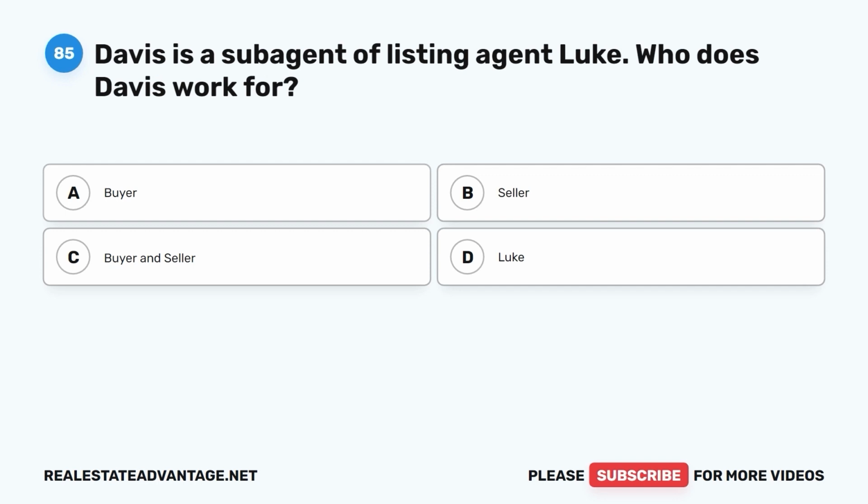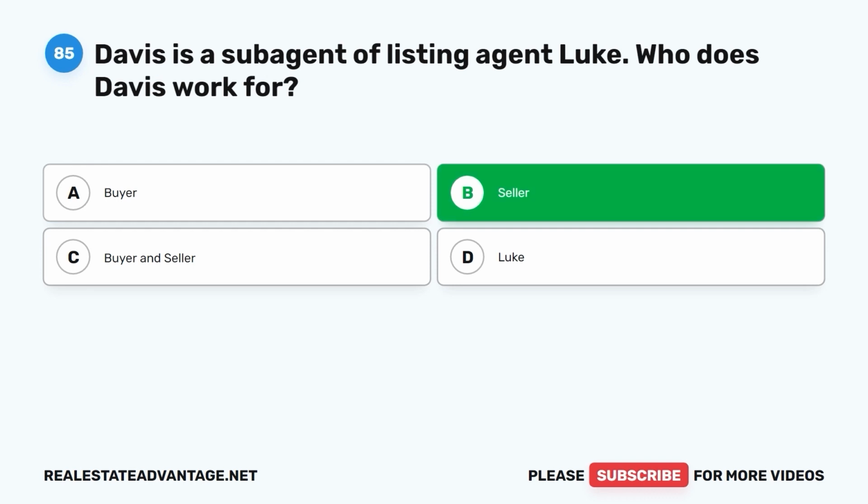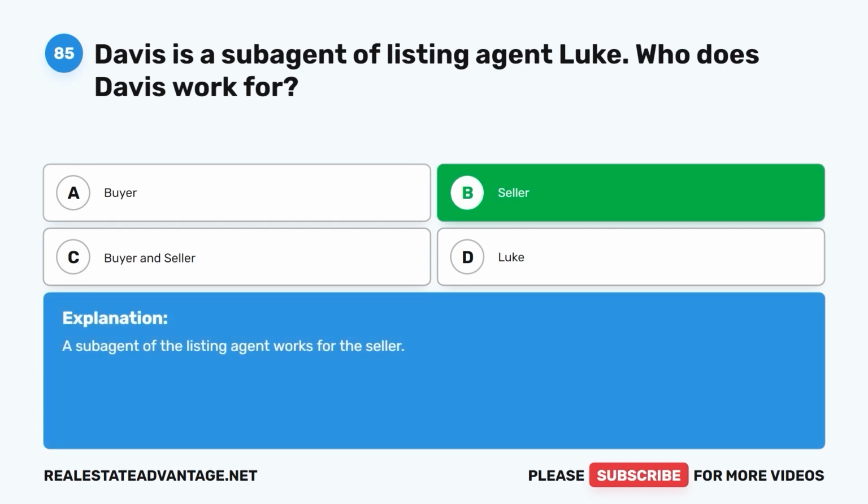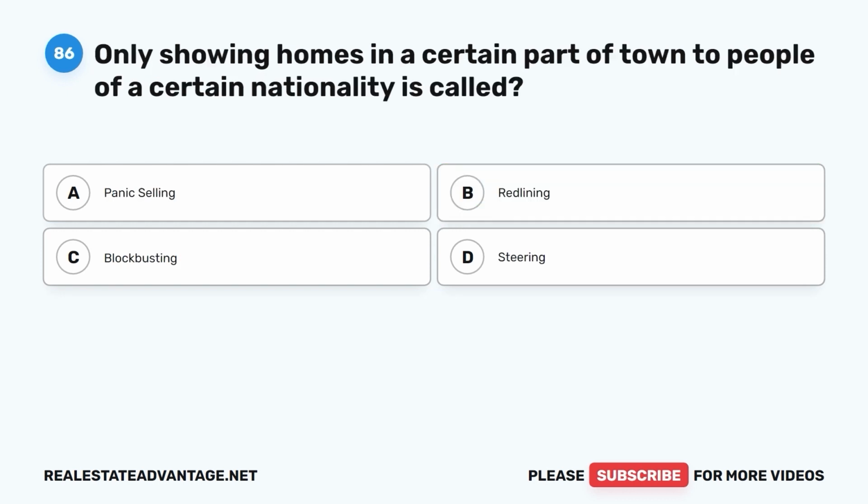Question 85. Davis is a sub-agent of listing agent Luke. Who does Davis work for? A. Buyer. B. Seller. C. Buyer and seller. D. Luke. The correct answer is B. Seller. A subagent of the listing agent works for the seller. Question 86.